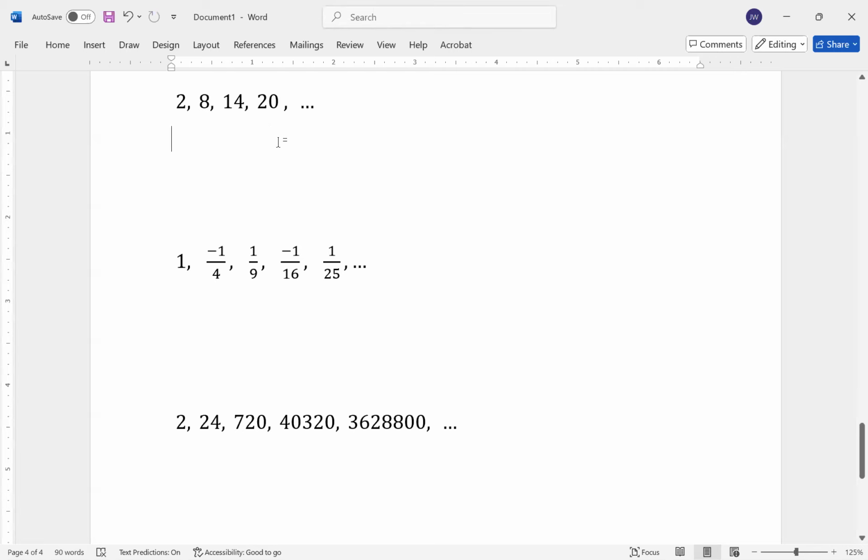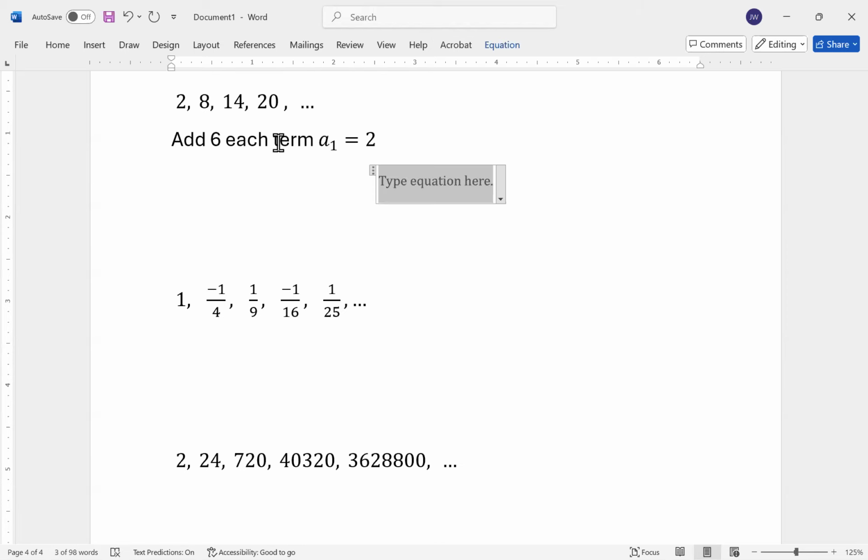All right, with this first one, we are adding 6 each time. And a sub 1 is once again equal to 2. So the adding 6 tells me that my nth term is going to be 6n plus some number.